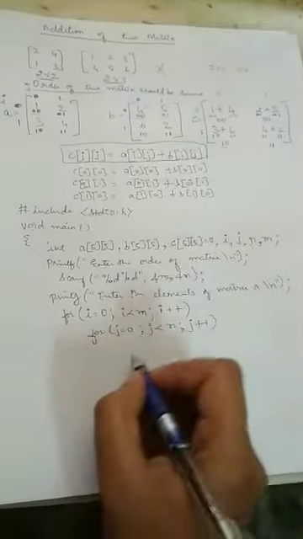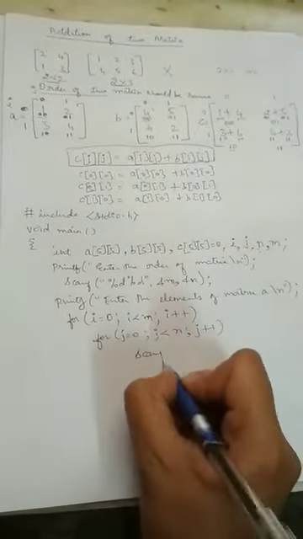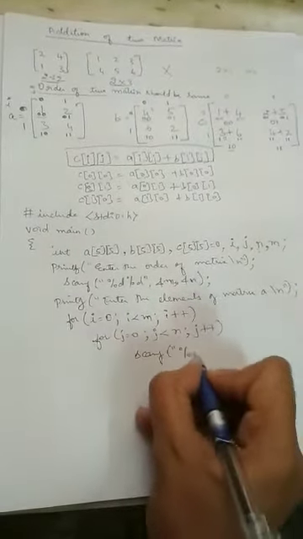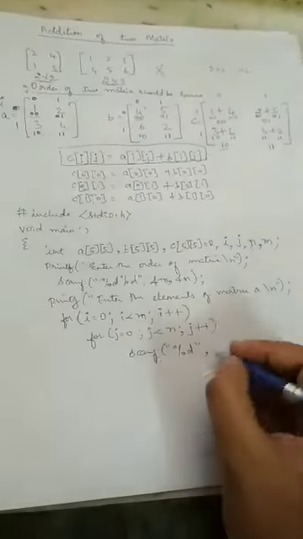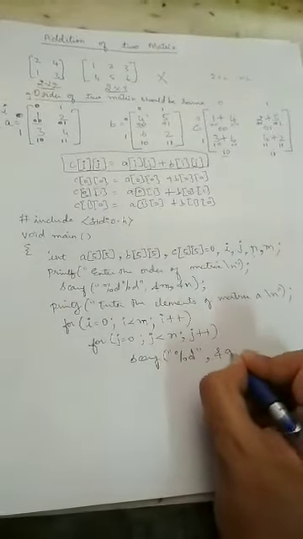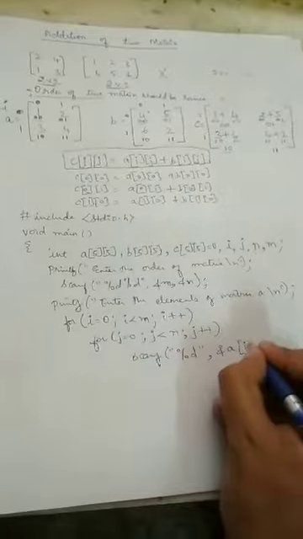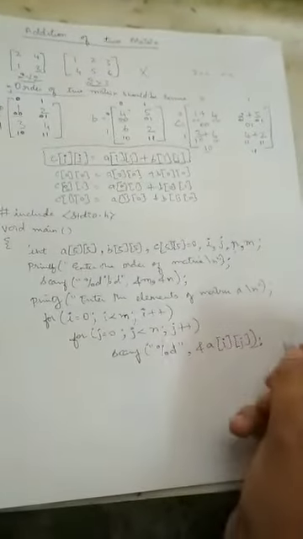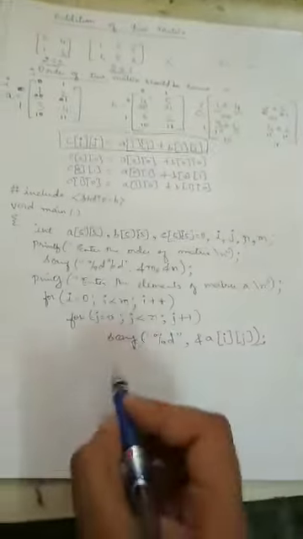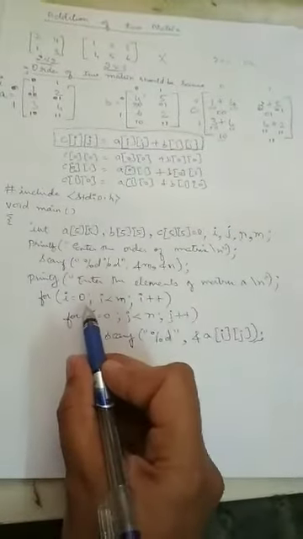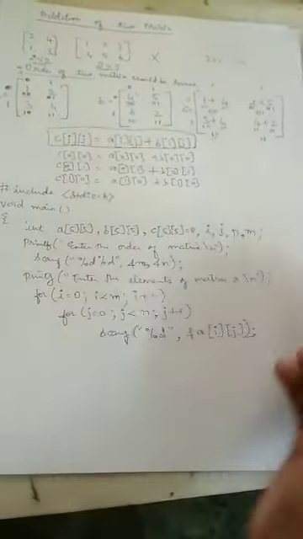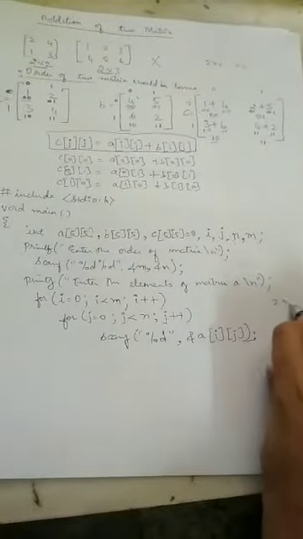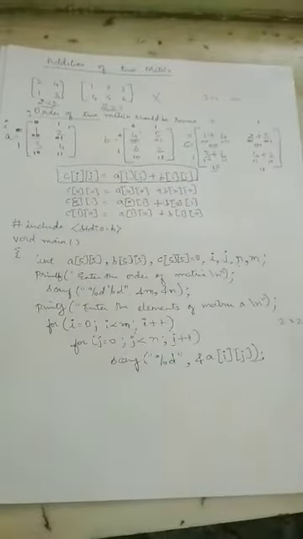What do I have to do? scanf %d, only one value I am going to read at a time. And where do I have to store it? Ampersand A of I j. So what happens is, first time I value would be 0, and 0 is less than n. Think that I just entered a 2 cross 2 matrix, that is m and n values are 2.